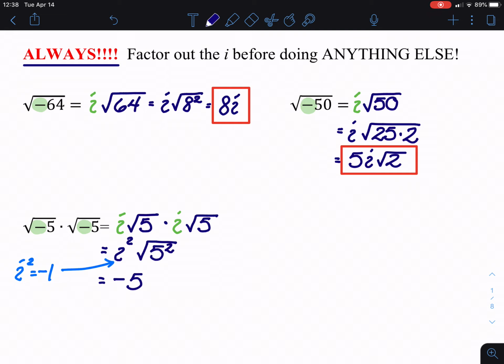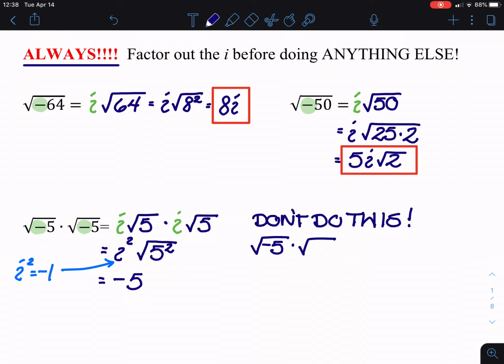Now, this makes sense, hopefully, since I have negative 5 under the radical, that it would be my answer. The thing you don't want to do, so I'm going to write down, don't do this, is the multiplication first.